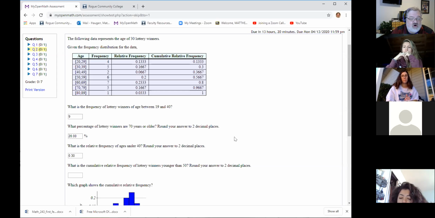Because we're given all of them, we have just so many choices in how we want to pull that data out. If you want to talk about it from the frequency, do that. You want to talk about it from the relative frequency, we can do that. You want to use that cumulative, it's handy for some of them, you can use that.